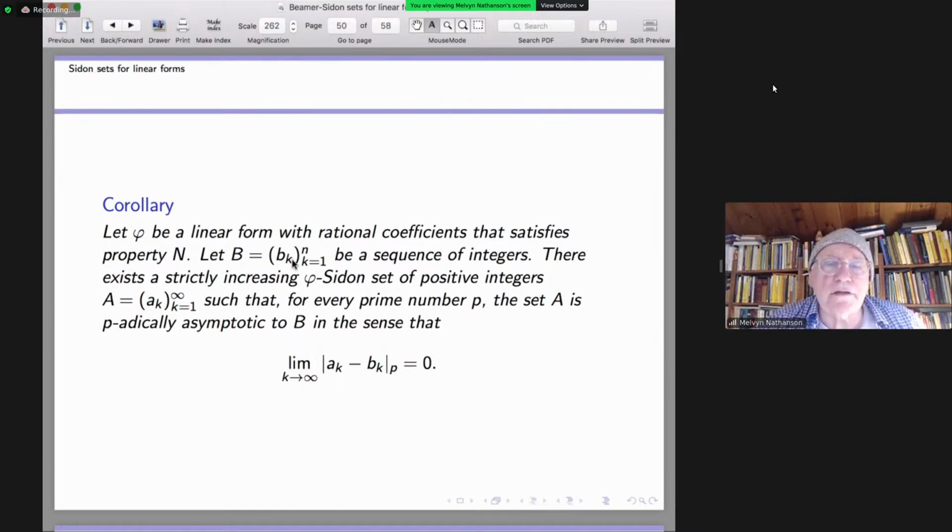So it's not just that if you have any sequence of integers, you can find a sequence of integers p-adically close to B for some p, but simultaneously for all primes. So that's rather curious.